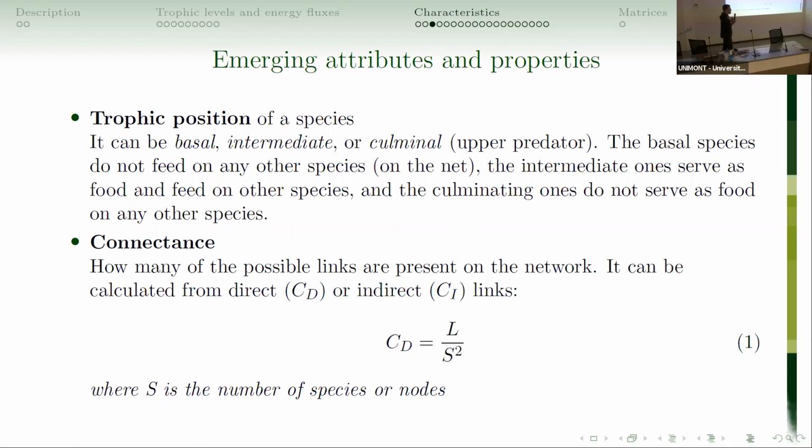So if I say that the first trophic level I study is the herbivores, my basal species will be herbivores, although I know that they eat plants. But if I'm not taking plants into account, then my basal species is the herbivore. Then we have the culminal species, which are the species that don't have a predator. And all the ones in the middle are the intermediate species.